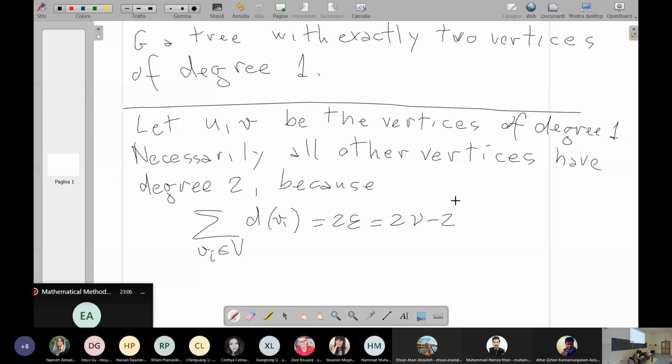And if we had only one vertex of degree 3, then we would necessarily have, because of this, not just 2, but at least 3 vertices of degree 1. Okay? So necessarily, all other vertices, apart from U and V, must have degree 2.